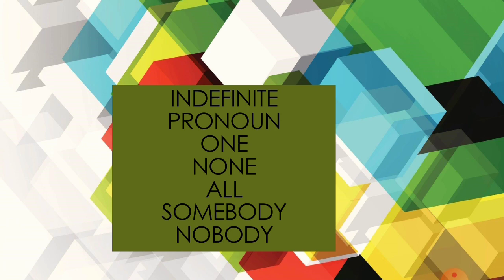So one, none, no one, all. Now all again is indefinite because we are talking about everybody, not somebody in particular. Somebody is a person, but we don't know his identity. Nobody again is indefinite. Let us move on.